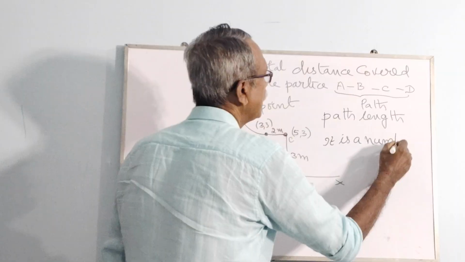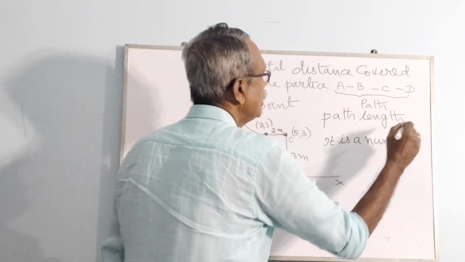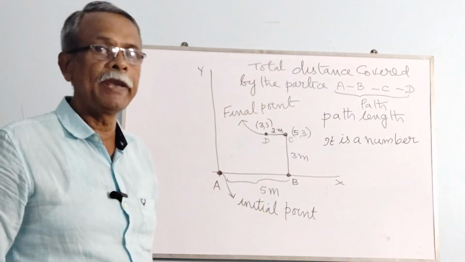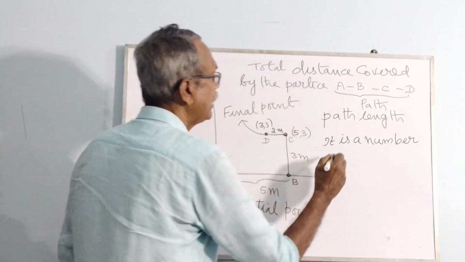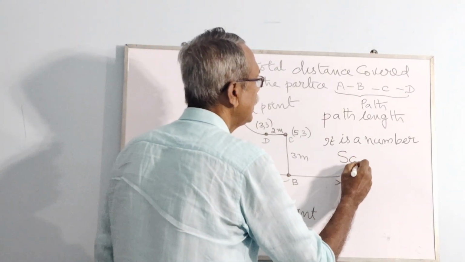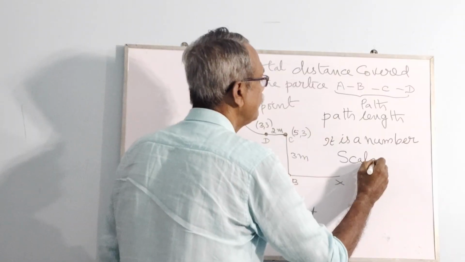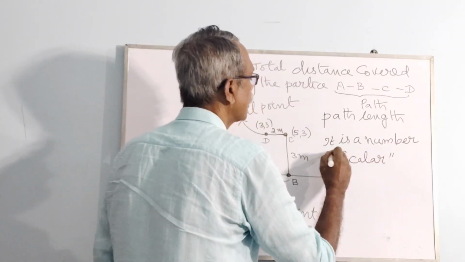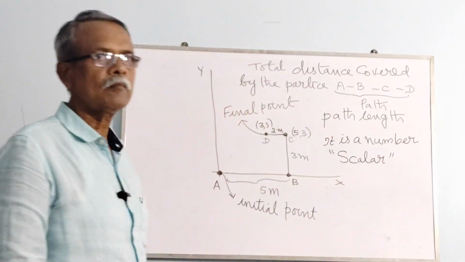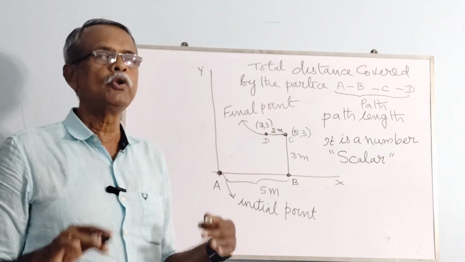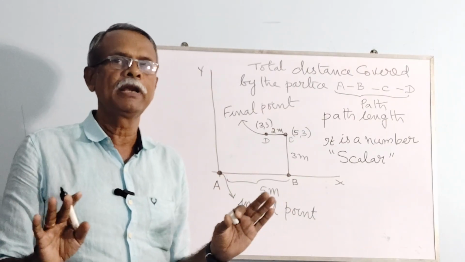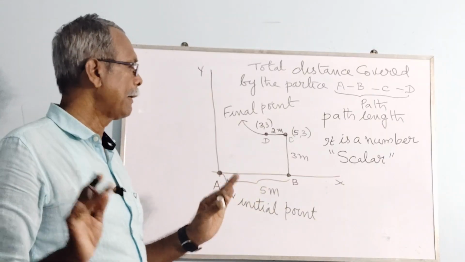Since it is a number, it does not have a sign. It is simply a number, and we call it a scalar quantity. It is a scalar. It does not have a plus sign or minus sign. It does not have a particular direction, etc. It is simply a number.